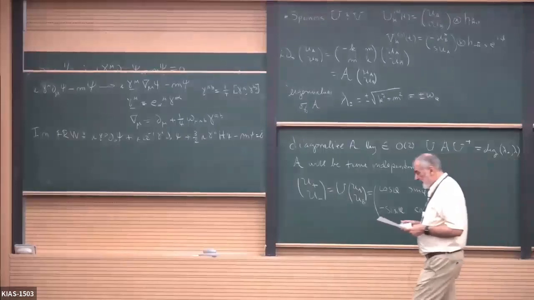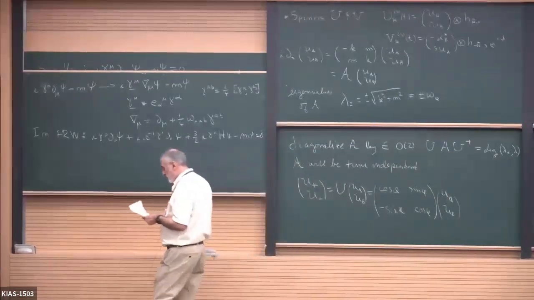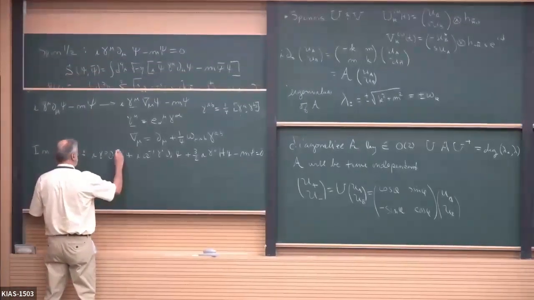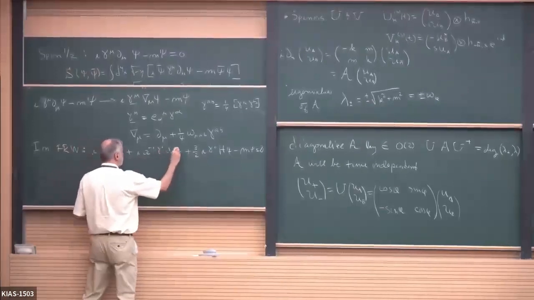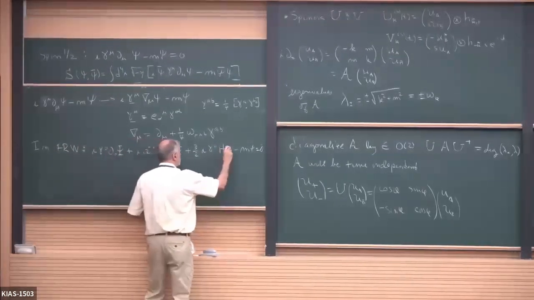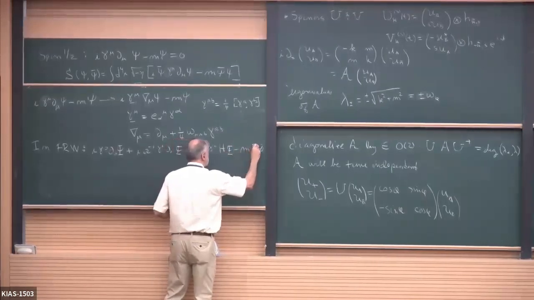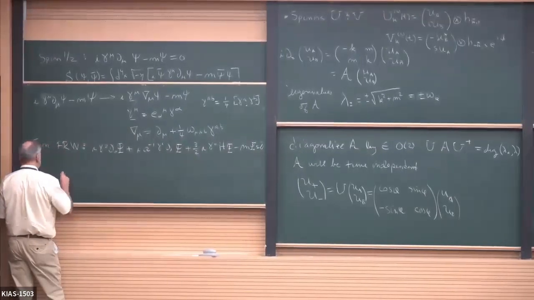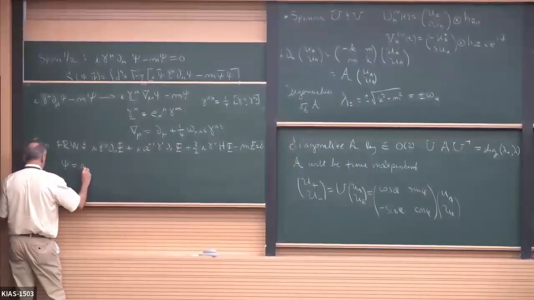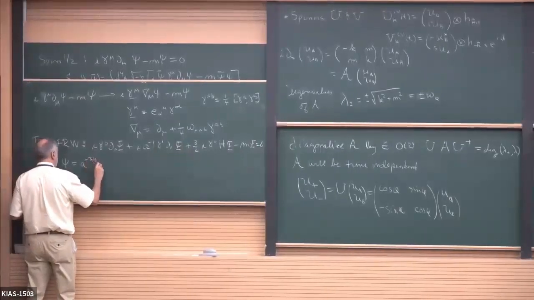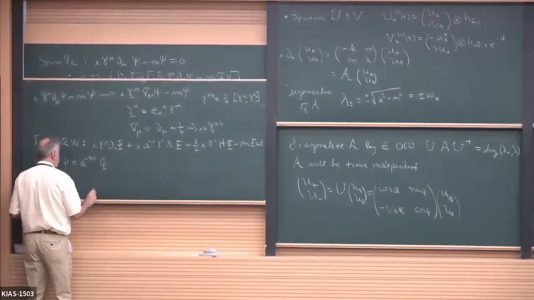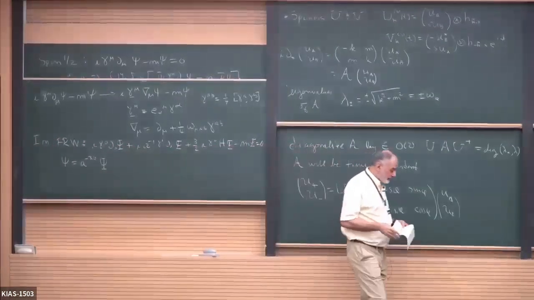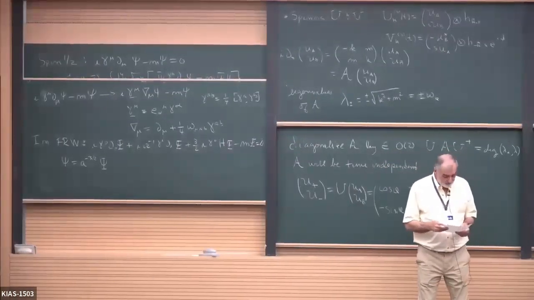So we're going to define a new spinor, capital psi, and go to conformal time, just as we defined a new scalar.